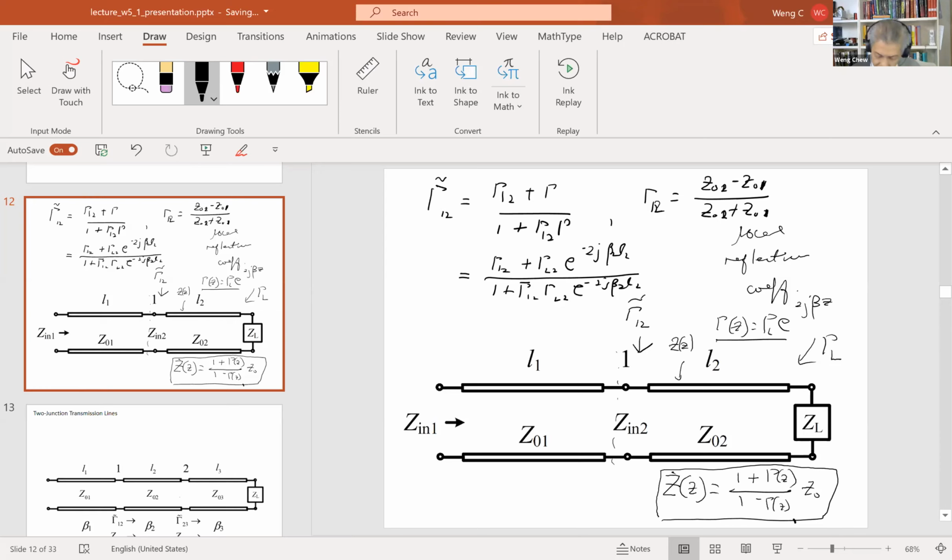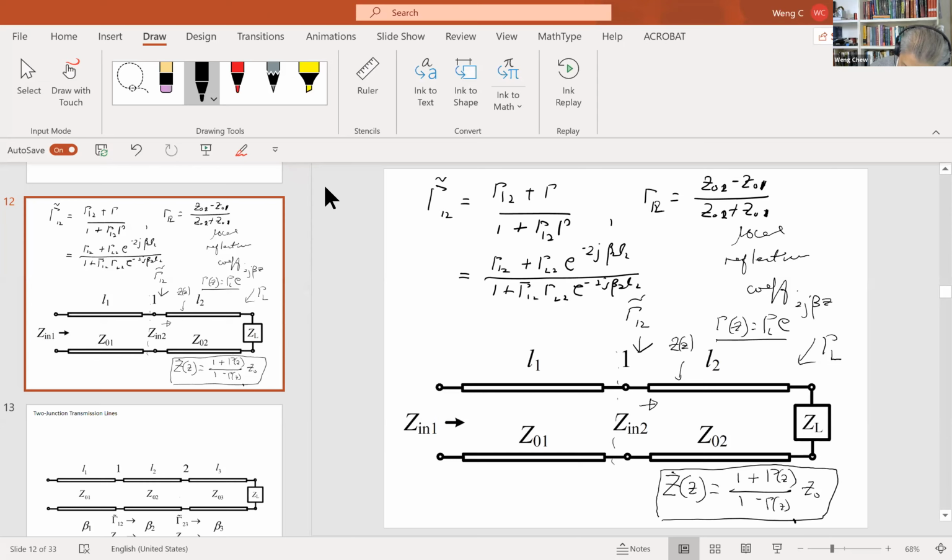And using this formula, then you can actually figure out what z in 2 should be. And after you figure out what z in 2 should be, then you can figure out the reflection coefficient at this end, okay?